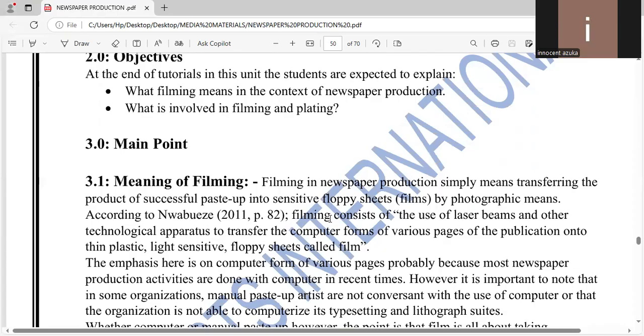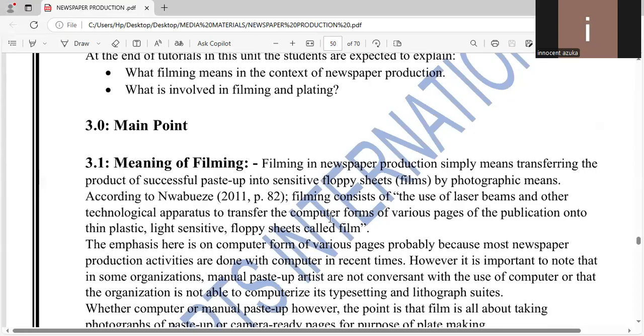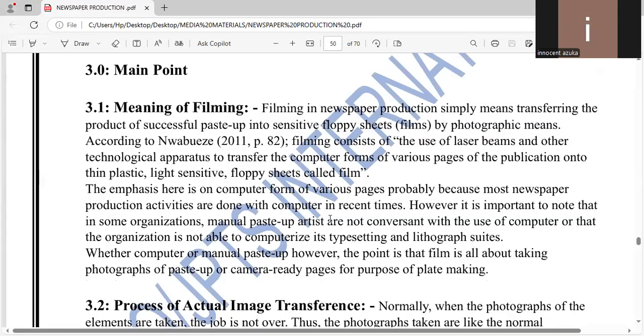So filming consists of the use of laser beams and other technological apparatus to transfer the computer form of various pages of the publication onto tiny plastic, light sensitive floppy sheets called film.